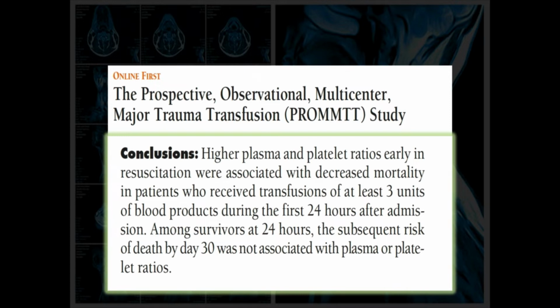Among survivors at 24 hours, the subsequent risk of death by day 30 was not associated with plasma or platelet ratios. So what we're seeing here is very, very similar to the previous trial that we just looked at, is that it's beneficial in the first 24 hours, but it doesn't always translate to 30-day discharge or 30-day survivability.